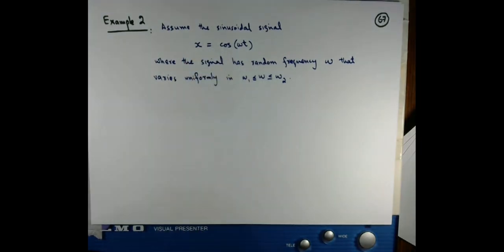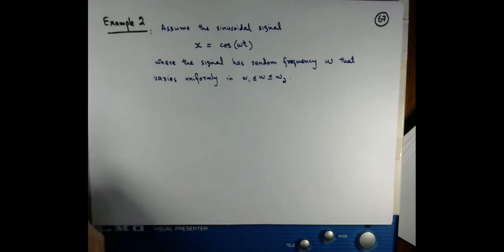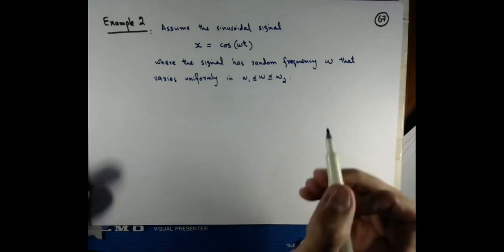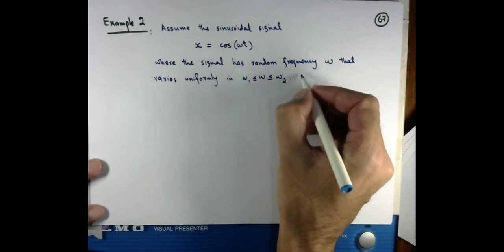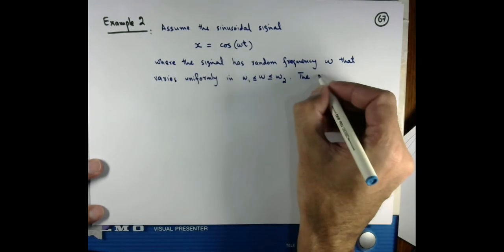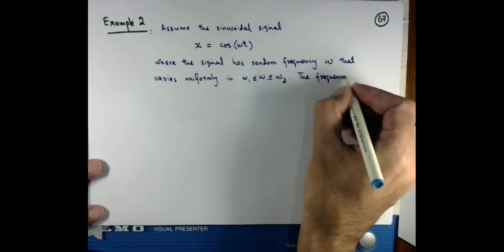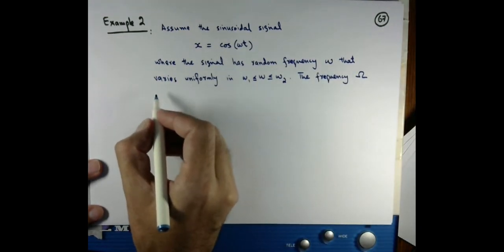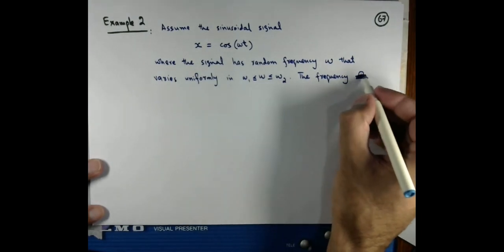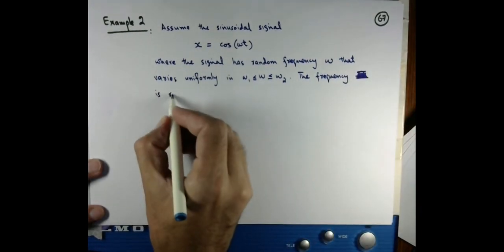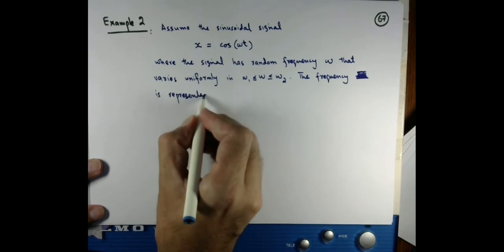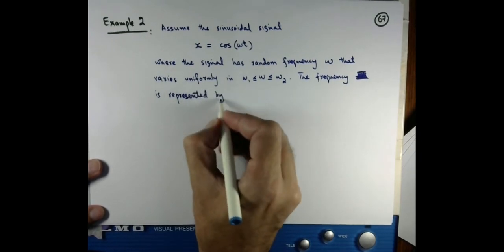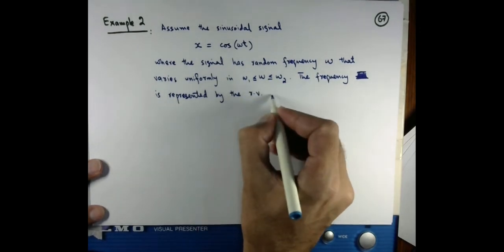So while solving this example we will find the distribution of the target random variable. The question says that the frequency is represented by the random variable omega.